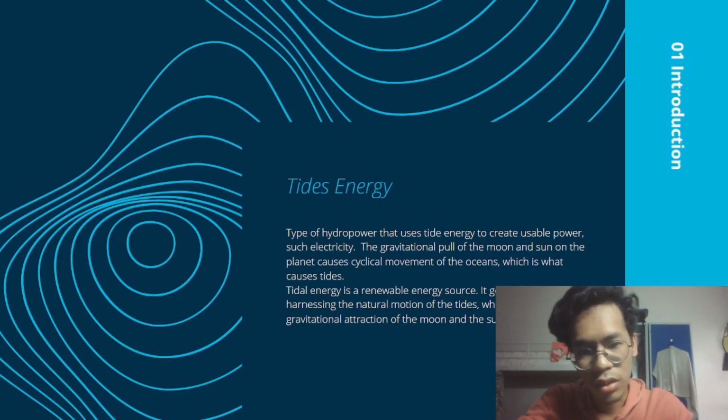Tidal energy is a renewable energy source. It generates power by harnessing the natural motion of the tides, which are driven by the gravitational attraction of the moon and sun.